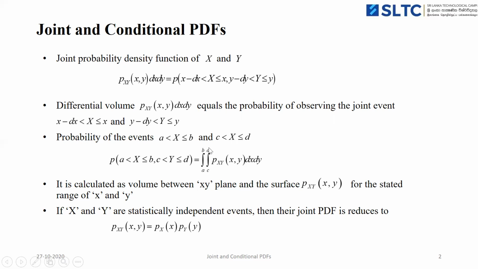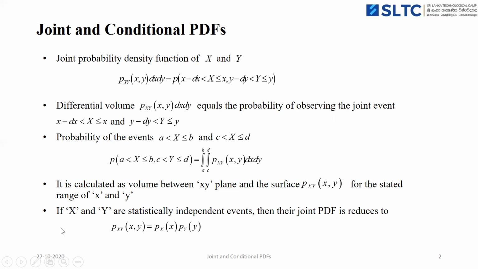We need to integrate over both events, so we use a double integral, one from a to b and one from c to d. The joint PDF function p of x comma y will give the probability for the joint PDF of the particular events.